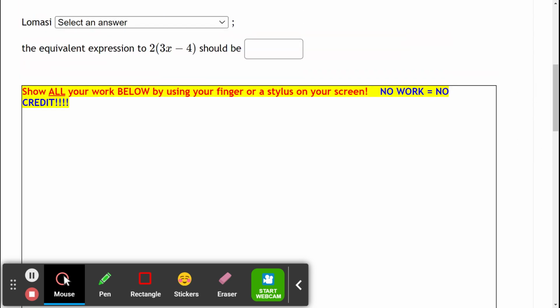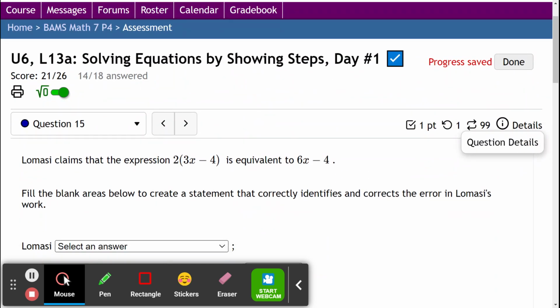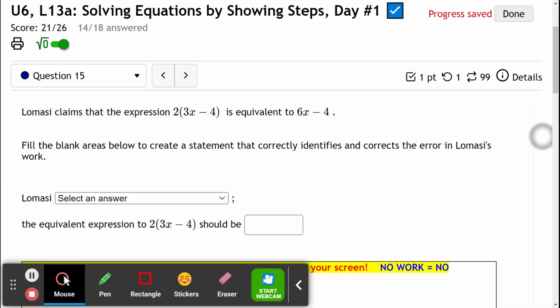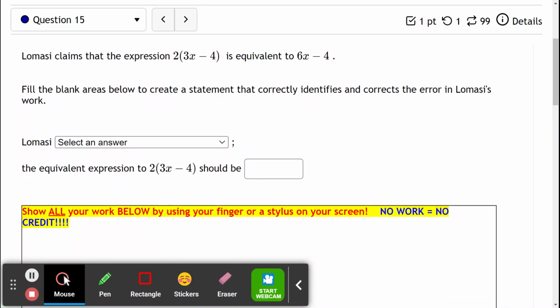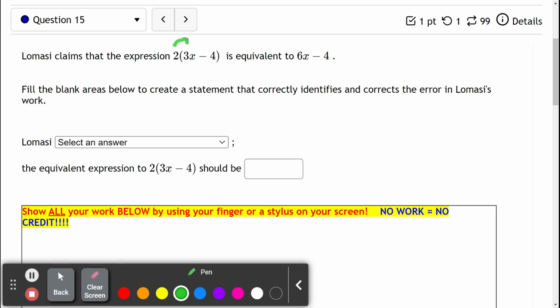Next. Up here for number 15. Okay. Lamasi claims this expression is equal to this. Well, it's not. Fill in the blank areas to show that, because what is it? 2 times 3x is definitely 6x.